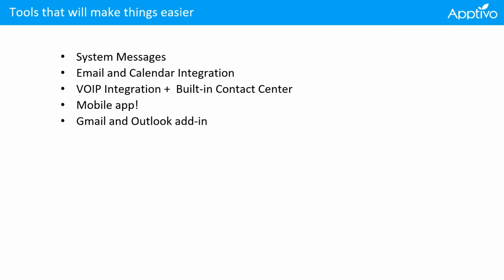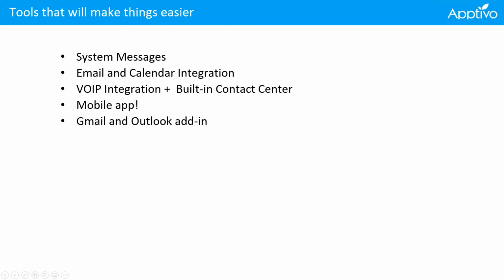You can set it up so that any email they send from Apptivo syncs with the sent folder in Gmail, and any responses that they have and all the conversations in Gmail will automatically sync to Apptivo, and it'll recognize the contact name based on the email address and link it automatically to that account. So that's super important. I mean, if you're thinking about ease of use, if you do that one thing, it'll have a massive impact.